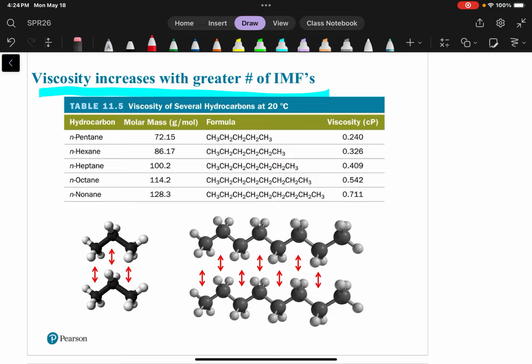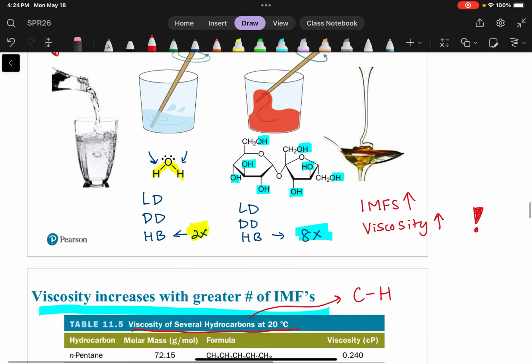In this case, this is a table showing the viscosity of several hydrocarbons at 20 degrees Celsius. What does the term hydrocarbon mean again? Yeah, you've got hydrogens and carbons. So this is a scenario where we have a bunch of carbons bonded to hydrogens, and we don't have any hydrogen bonding like up here.